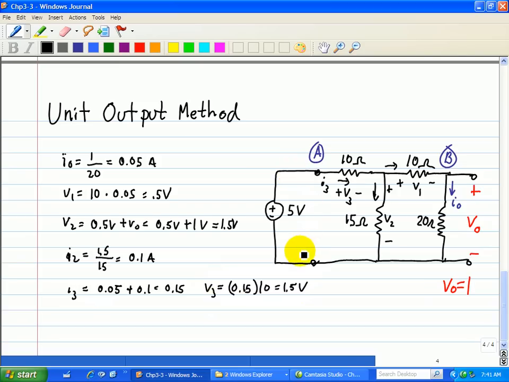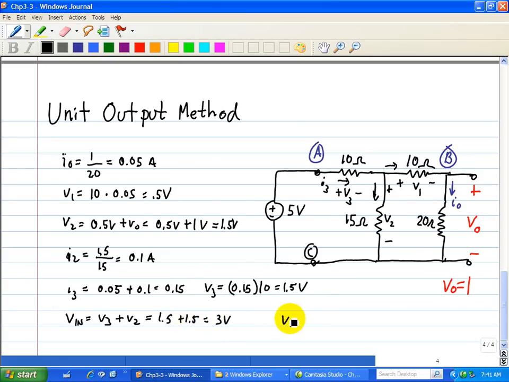Then that gives us an input across A, and I'll call this C. This gives us our input that will give us a 1 volt output. So therefore, the Vin is equal to V3 plus V2, which is 1.5 plus 1.5 is equal to 3 volts.